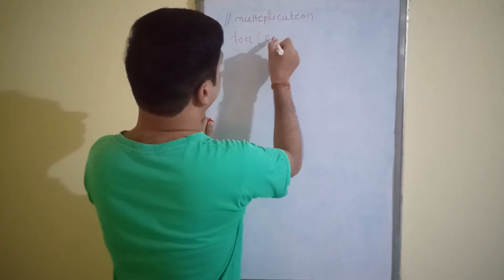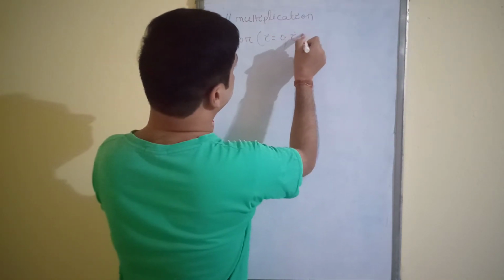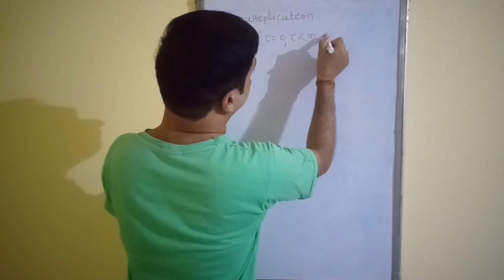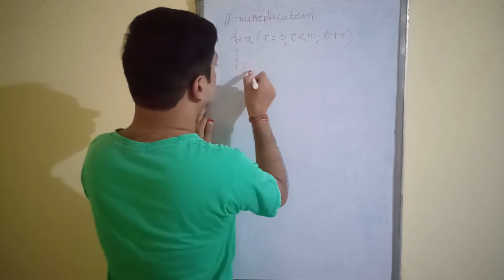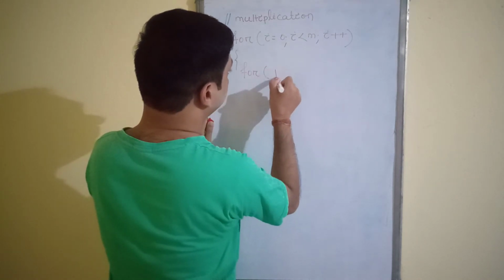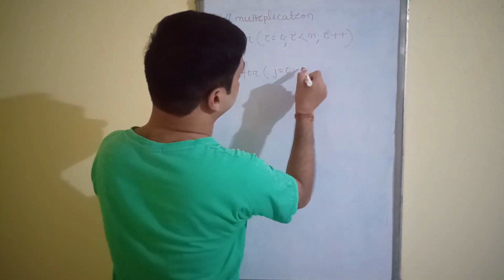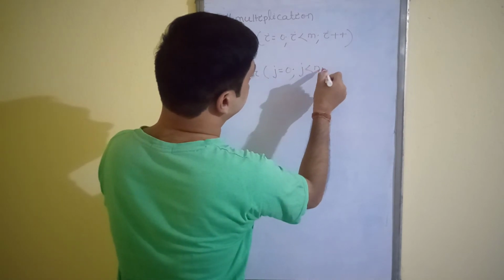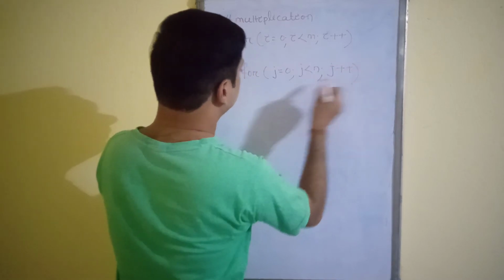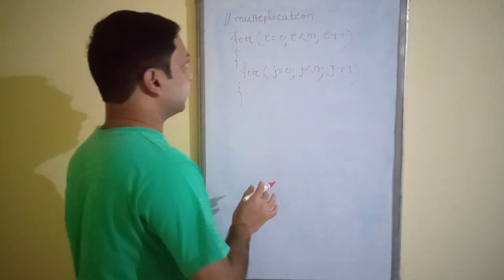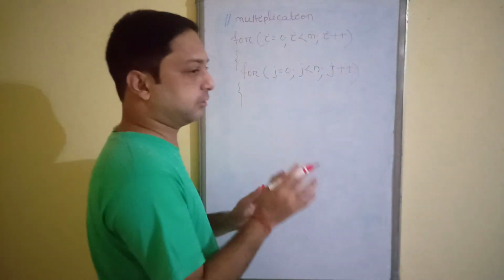For i equals 0, i less than m, i plus plus. Now again we take a for loop, for j equals 0, j less than n, then j plus plus.